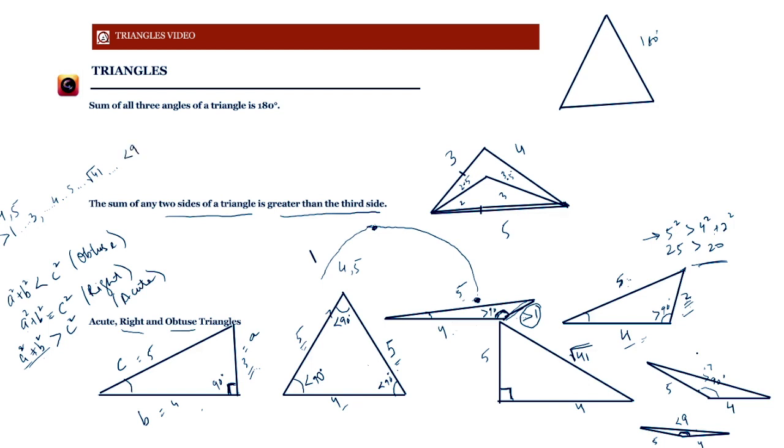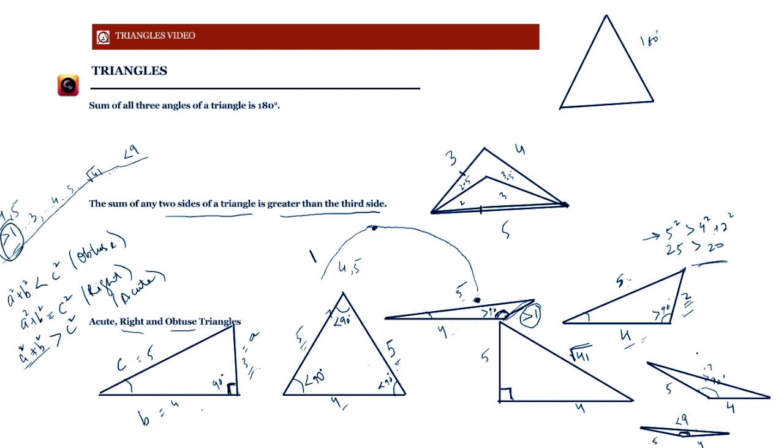So from a little greater than the difference between the two sides to a little less than the sum of the two sides is the length of my third side, right? And notice that I start with an obtuse triangle over here.